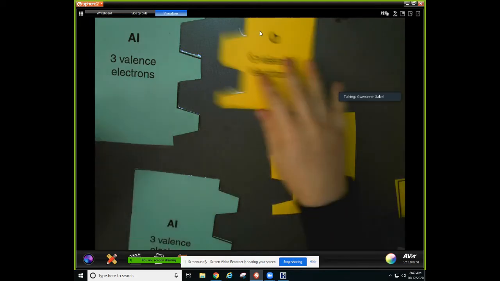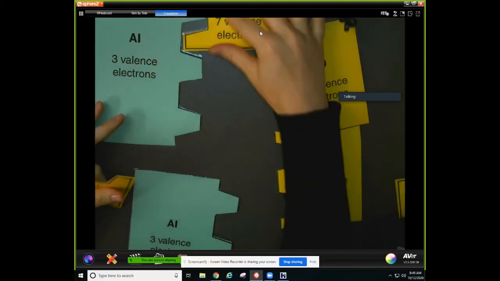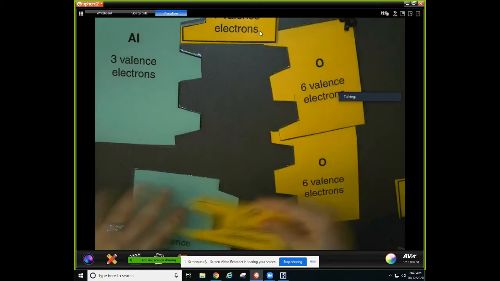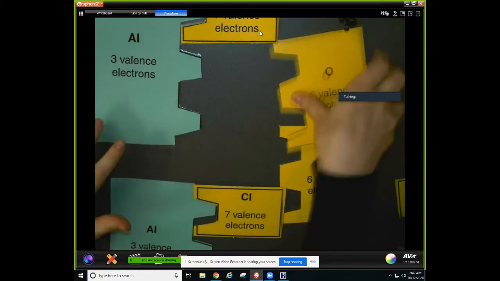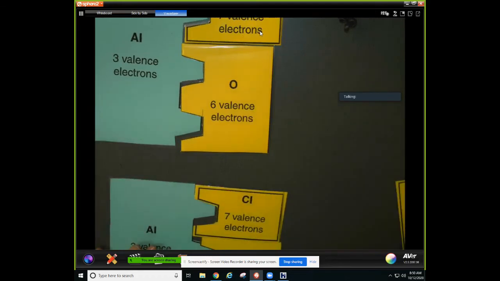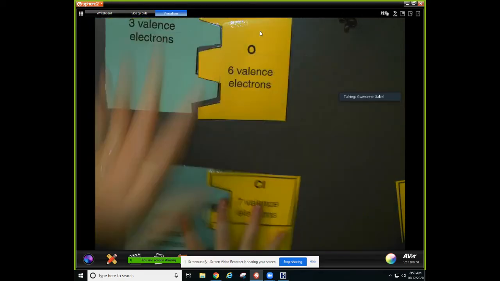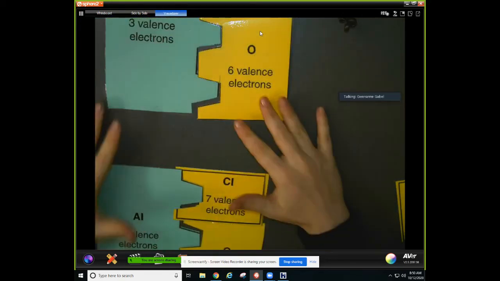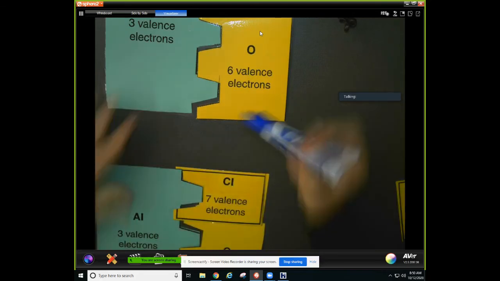So when we put these pieces together, okay, they all fit. So I have 2 molecules, okay, 2 sets of compounds.